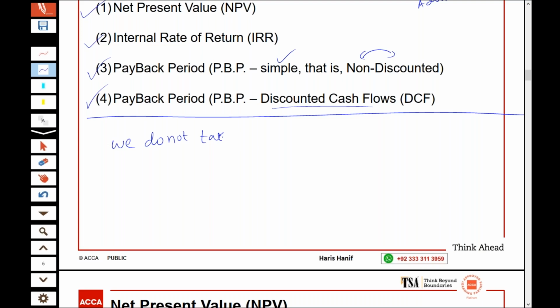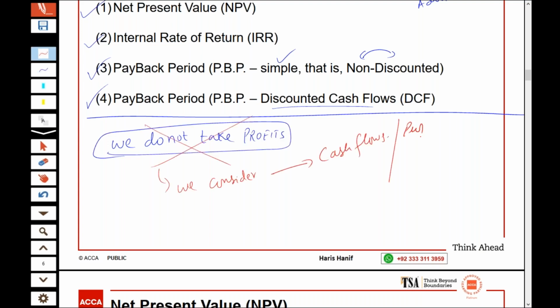I had told you in the last class that profit is not equal to cash, because profit also includes some non-cash expenses like depreciation. But cash means the physical cash, the actual cash flow.